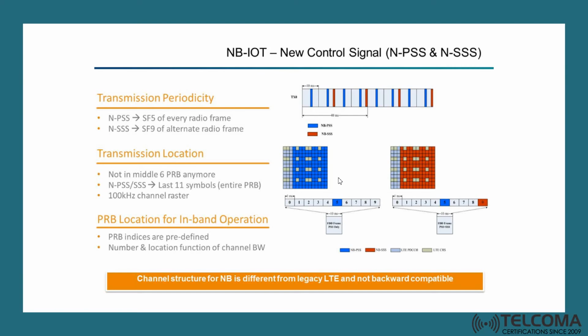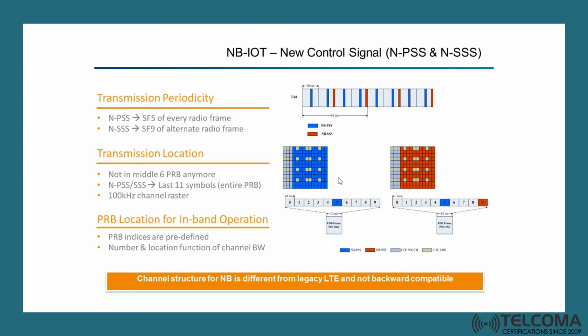One key thing to note is that one particular PRB spans around 180 kilohertz, and the PSS and SSS will be present in that 180 kilohertz, whereas the raster offset is just moving by 100 and 100. Suppose it couldn't find the PSS and SSS in the first PRB, and it shifts by 100 kilohertz and tries to read.